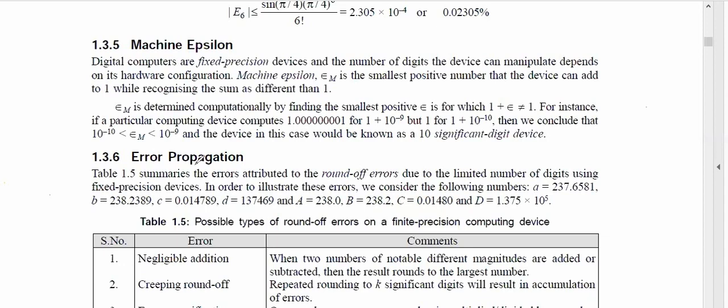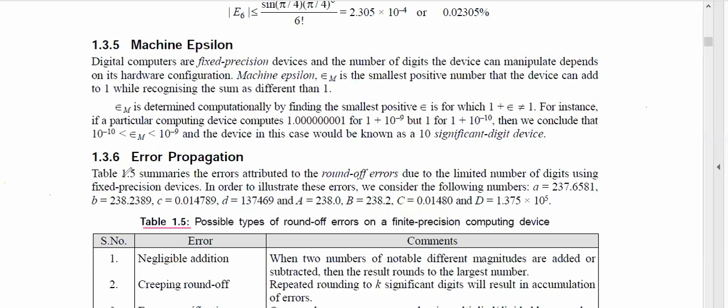Propagation is what? Table 1.5 is this table. It is summarizing the error, but let us understand what is propagate.